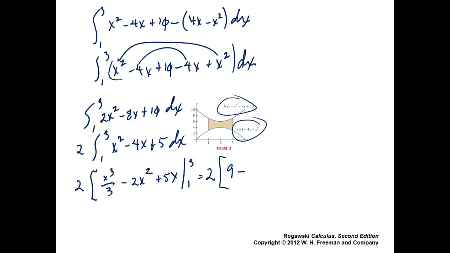How'd you get that? Okay, 3 times 6 is 18. Minus 18. All right. Next. Plus 15. Now what?